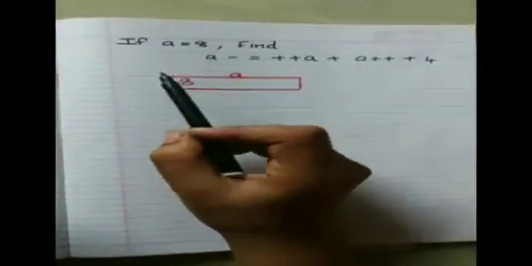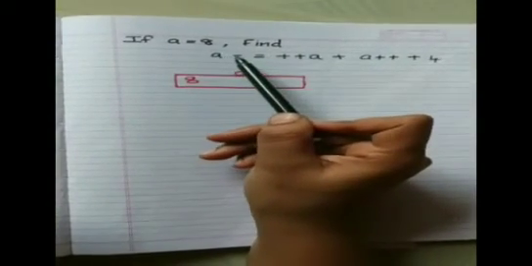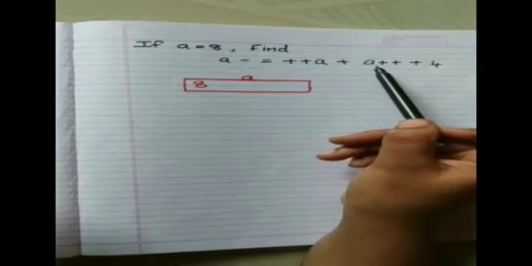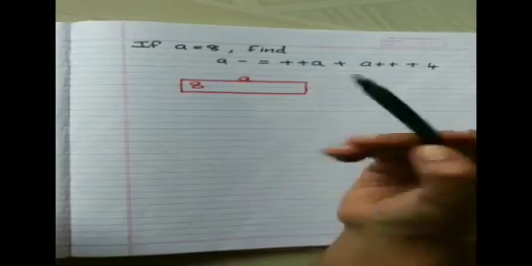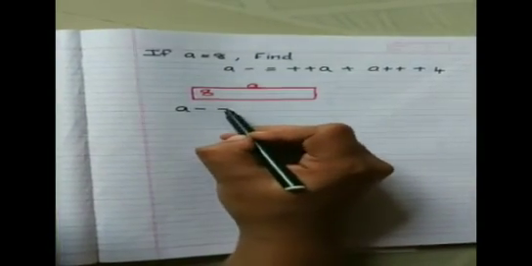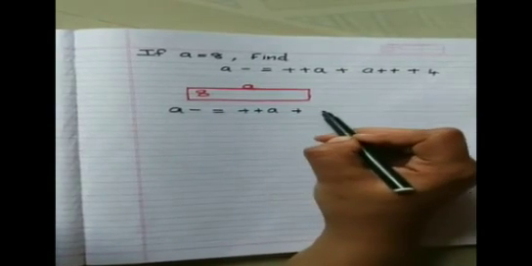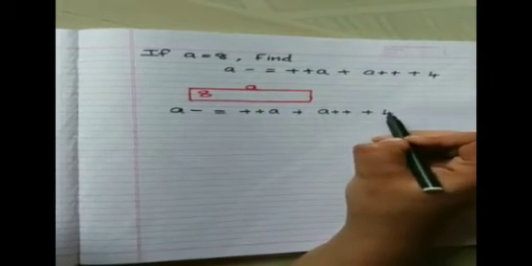Your next example is, if A is equal to 8, find A -= ++A + A++ + 4. So your A value is 8. We'll rewrite it again. A -= ++A + A++ + 4.